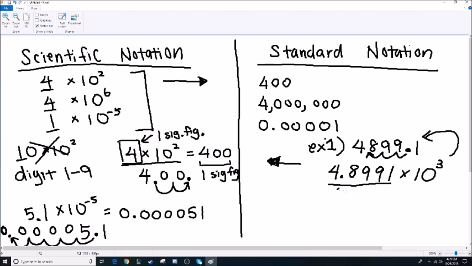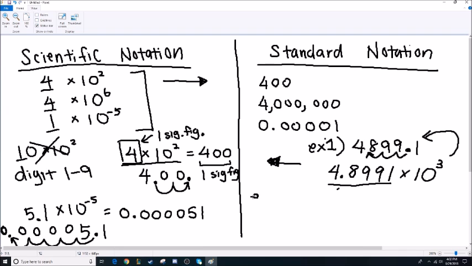Right, it needs to get bigger. So the only way it's going to get bigger is if I multiply it by 10 to the third power. I have to multiply it by a positive exponent. If I multiply it by a negative exponent, it would have made this number smaller. So I know I cannot multiply it by a negative exponent.